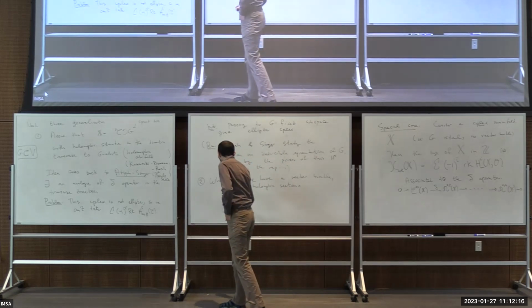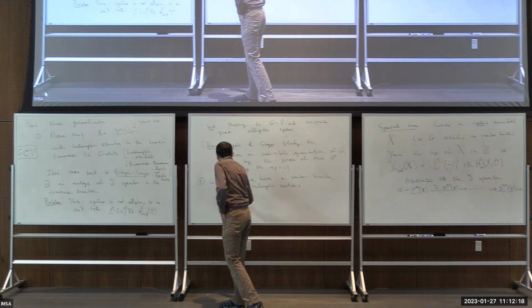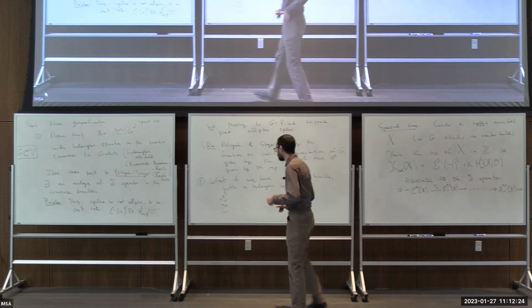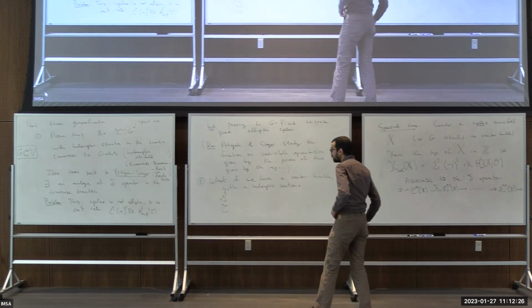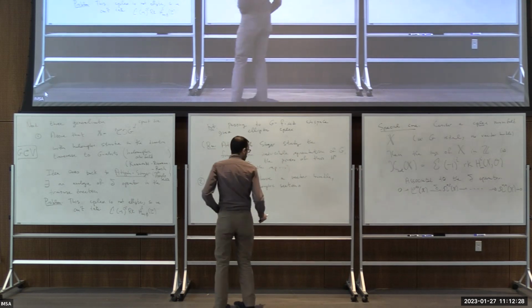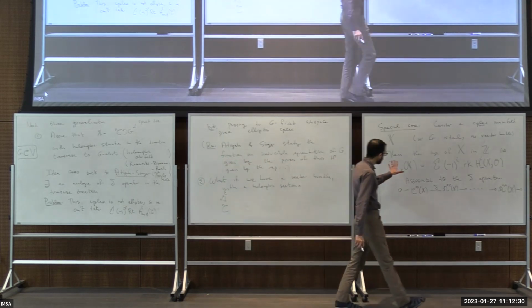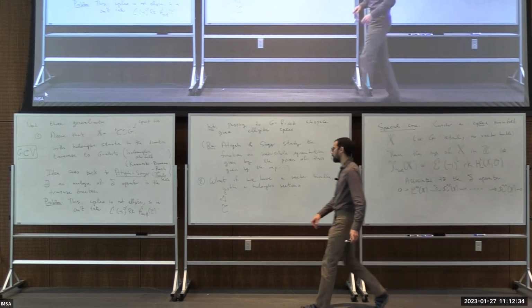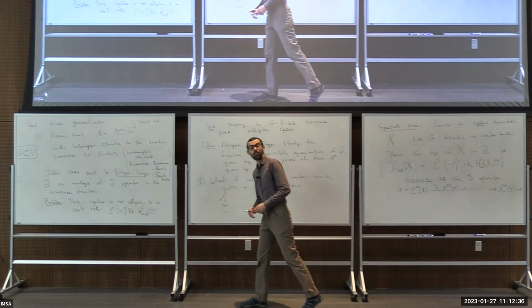I just have some T here and some bundle E, and I have the section S. The idea is that you want to take this homological characteristic, taking this vector bundle and this section into account.